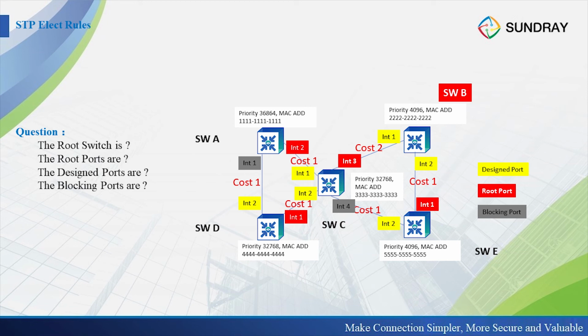So why are the blocking ports these two ports, interface 2 in switch E and interface 1 in switch A? Why did we select these two ports as the blocking ports?